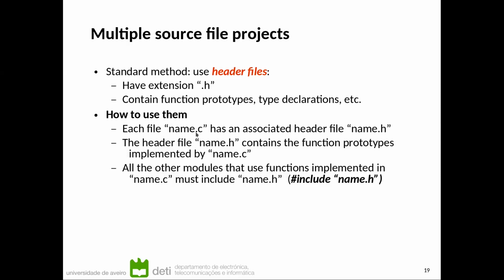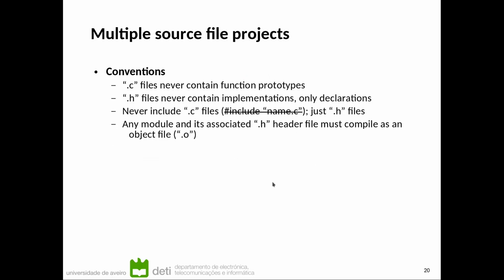So each file with a name.c should have a header called name.h. And this will contain the function prototypes. And all the other programs and modules that use the functions implemented in this name.c, they must include name.h.